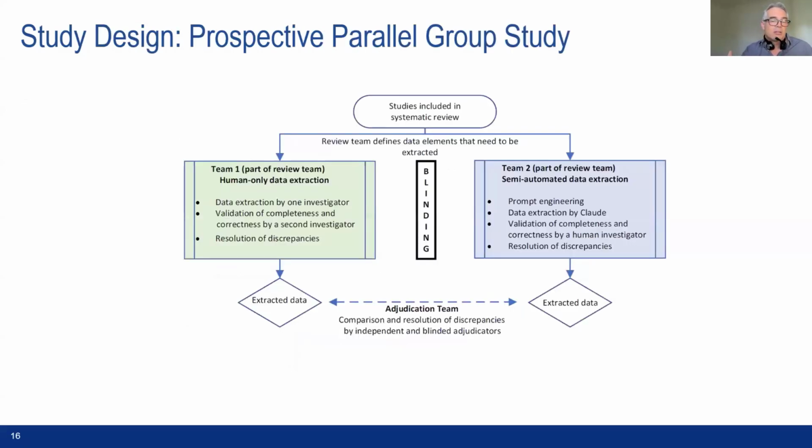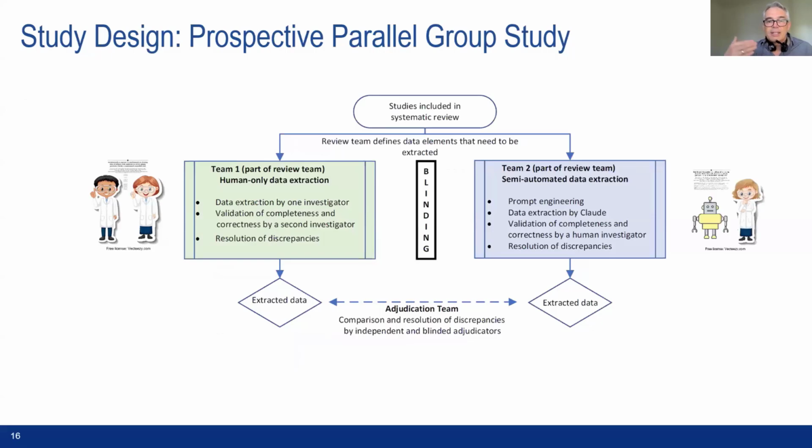The study had a prospective parallel group design. For each systematic review, the investigators formed 2 teams. One team conducted the traditional human-only data extraction, while the second team used Claude for the initial data extraction, and then a human investigator checked the correctness of Claude's work.